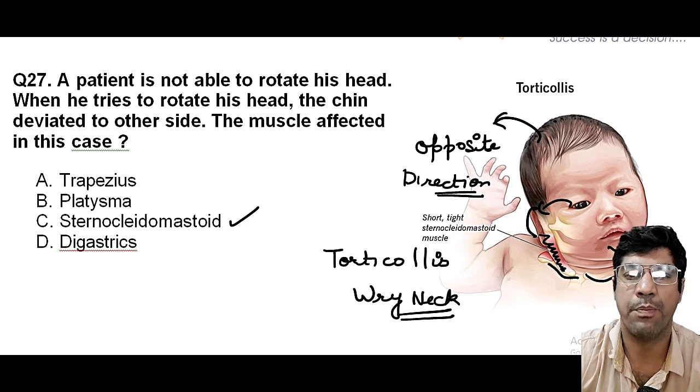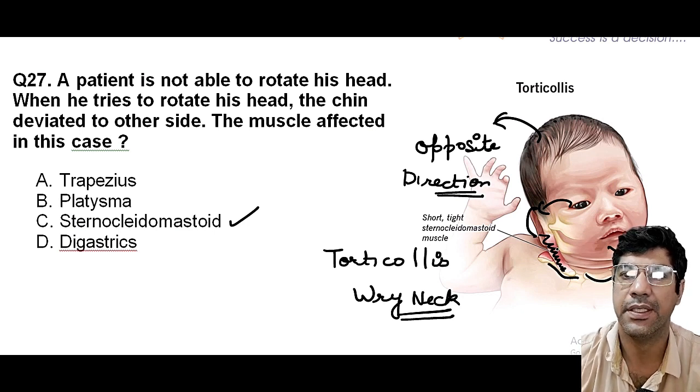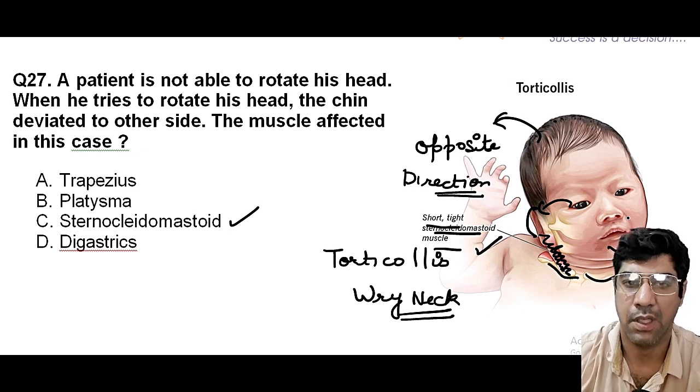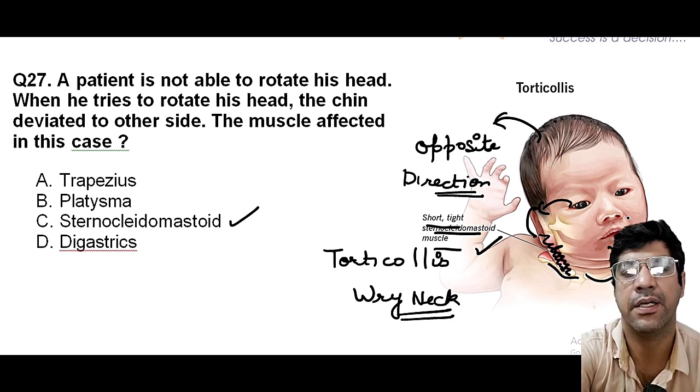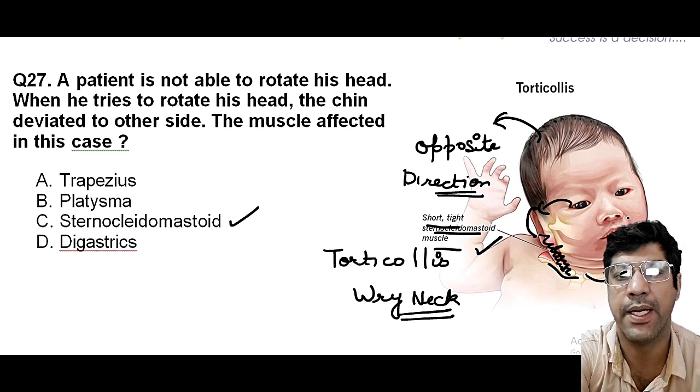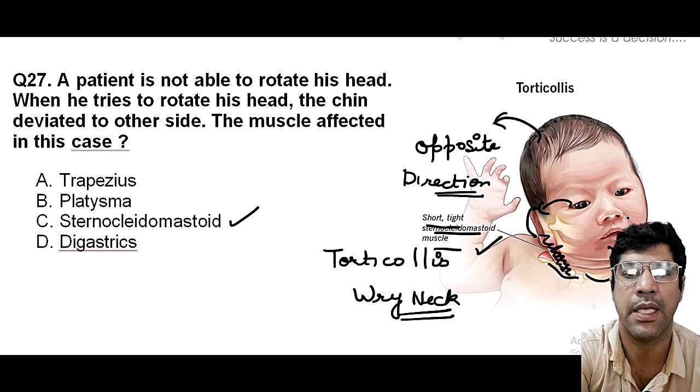But if this rope gets twisted or does not work right, it will try to turn your head with a knot in the rope. That is why your head won't turn smoothly and your chin might end up pointing in a wrong direction. That is what we call torticollis or wry neck.